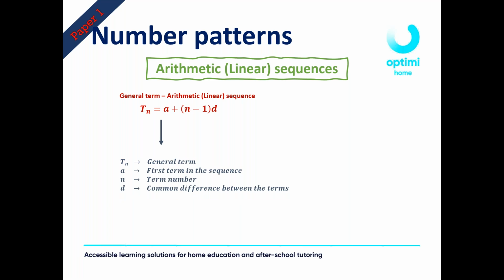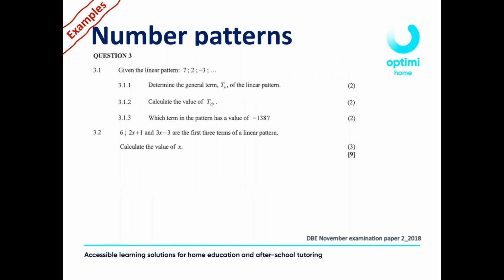Okay, so how is this question asked in grade 11? I thought it well to do an example out of a question paper so that you are exposed to how it can be asked and assessed. And I've taken this from the DBE November examination paper 1 of 2018, because this is asked in paper 1.